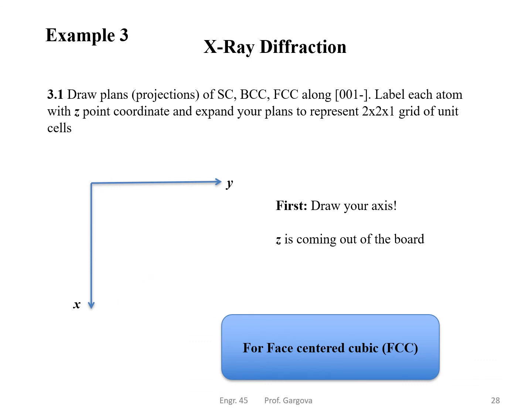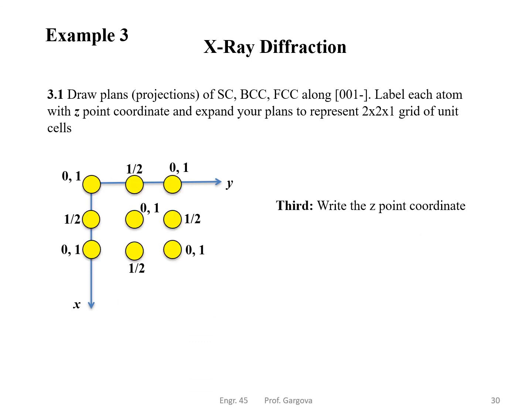Now for FCC, you have the same as a simple cubic, but you also have 4 atoms, as we see in the 2 by 2 by 1 grid unit cell, at 1/2 for each of the face center atoms. In order to see some diffraction or reflection of the incoming X-rays, the H, K, and L have to be either all odd or all even.